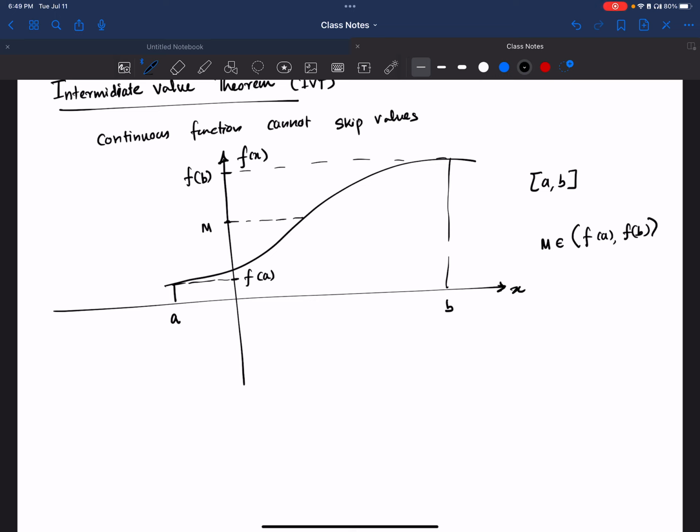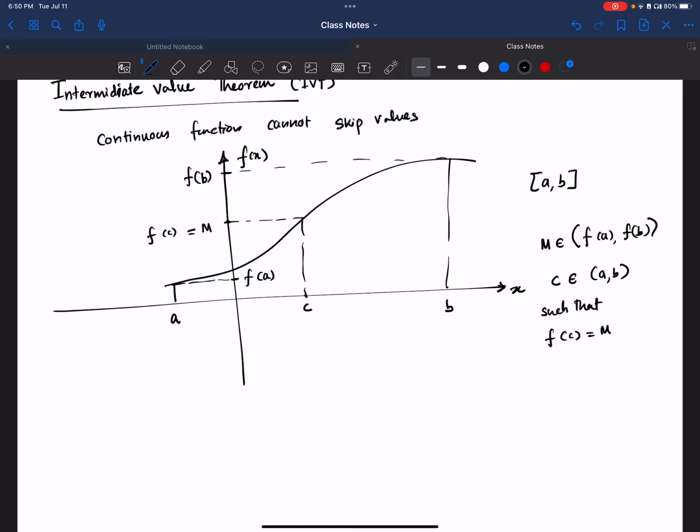You should be able to find some value c that is in the interval ab, such that f of c should be equal to M.